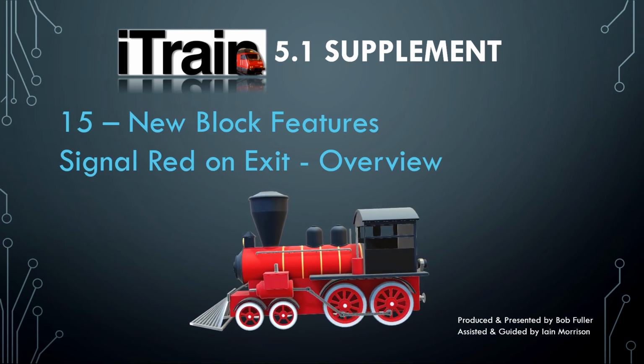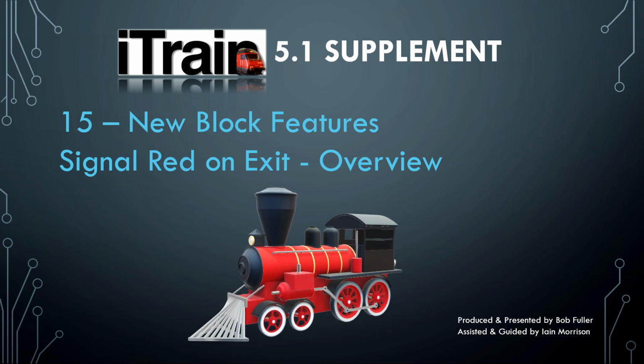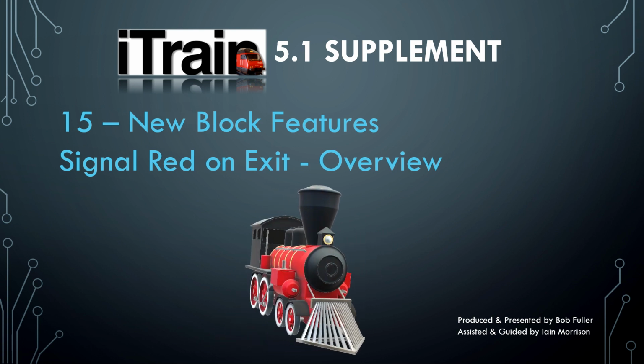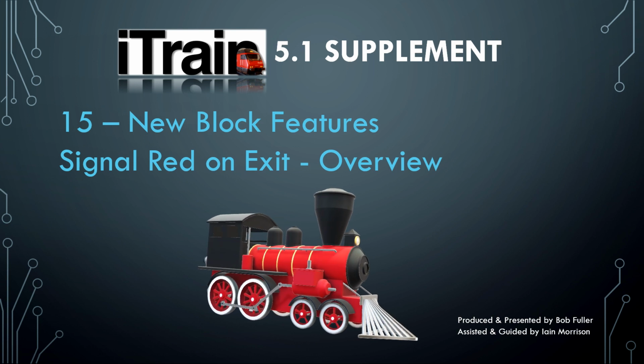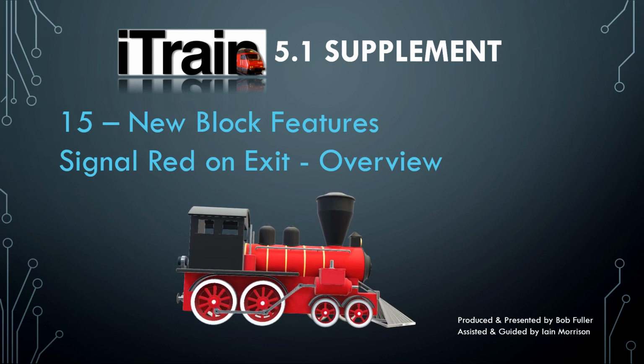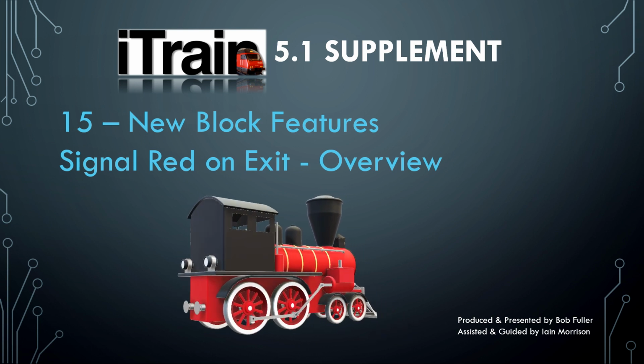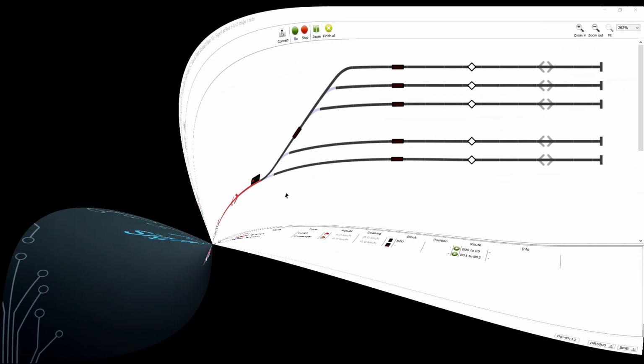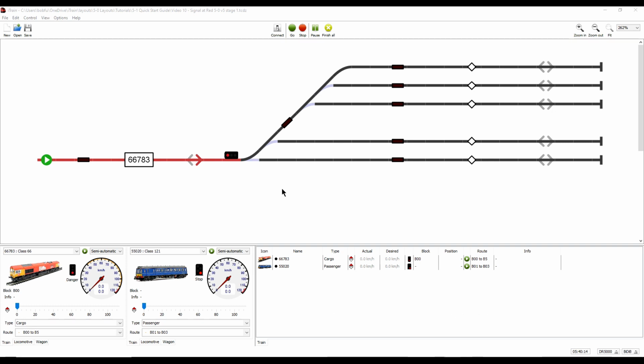Welcome back. In this episode we provide an overview of a new block signal behaviour where the signal is set to red immediately a train leaves a block. This feature is described as the following.